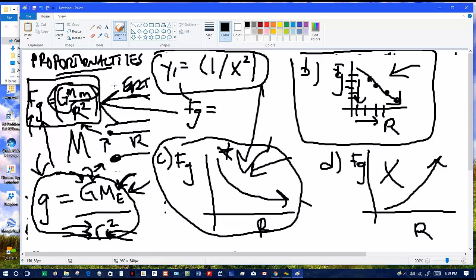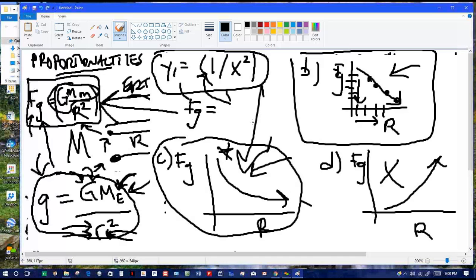Well, capital G is a constant in nature, it never changes, like pi never changes. As the satellite flies towards the Earth, does the mass of the Earth change? No, that's the capital M. Does the spacecraft change its mass as it accelerates towards the Earth? No. So does everything in the numerator change, or does it stay the same? It stays the same. Is that like the number 1? The number 1 is just a fixed number, right?